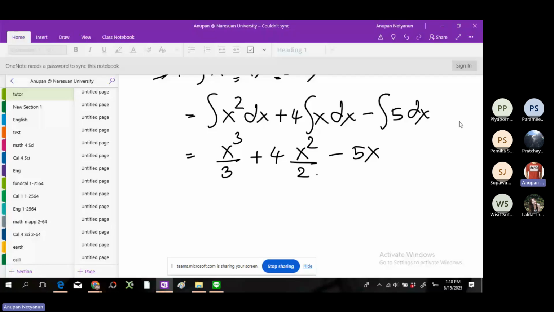After you find the solution, you need to add c to it.